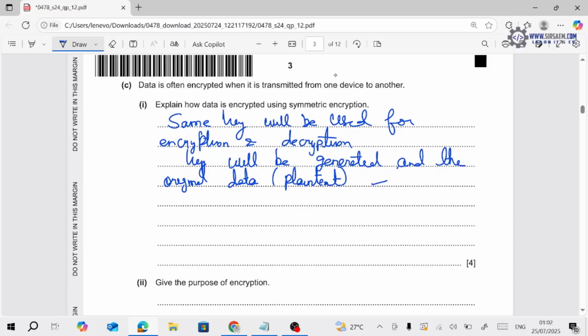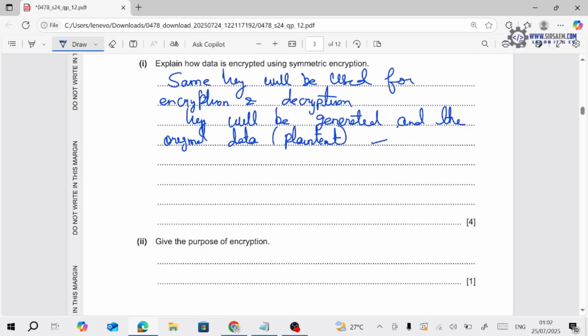I'm not writing it all out, just write it down yourself. Then we have the transmission. Obviously, this ciphertext is sent over the network, and then the decryption takes place. And this decryption will use the same secret key to convert the ciphertext back into the original plain text.